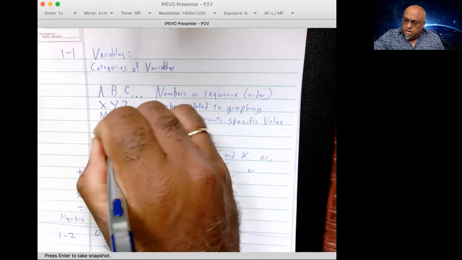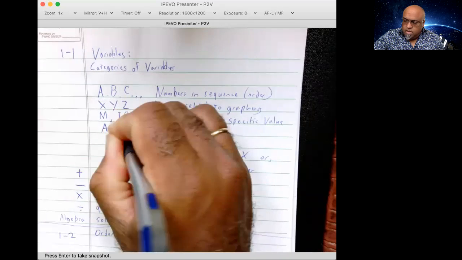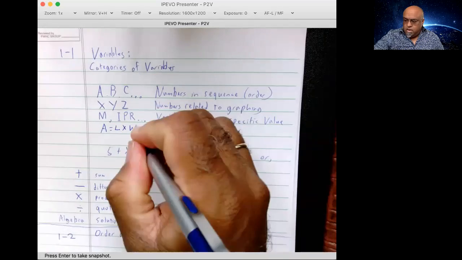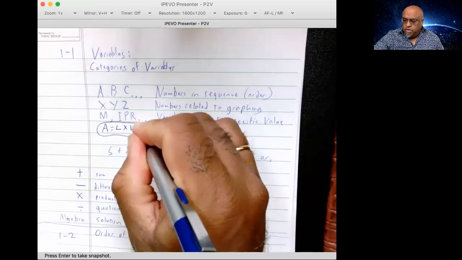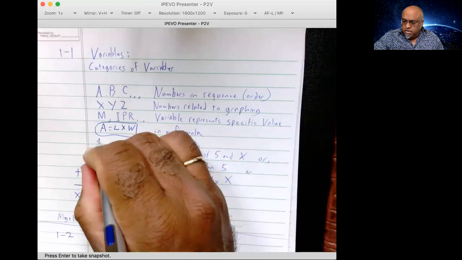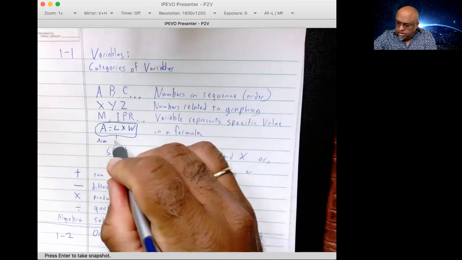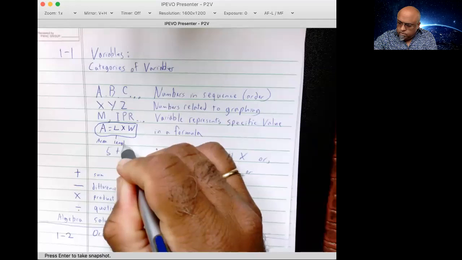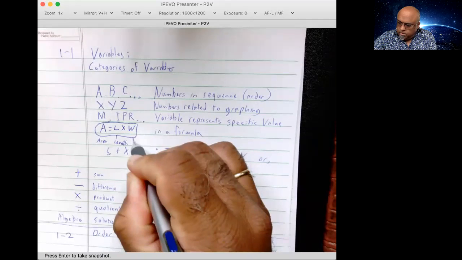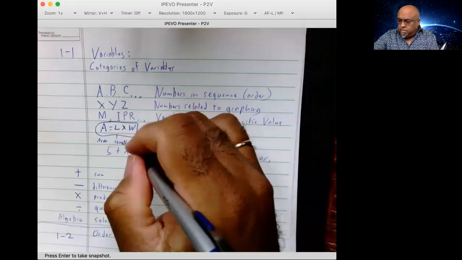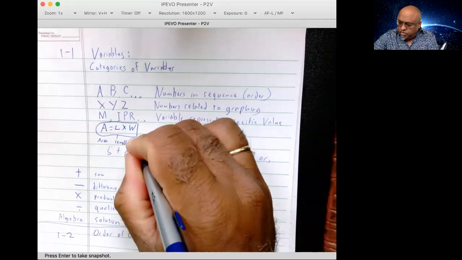A equals L times W. A equals L times W. A stands for area, L stands for length, and W stands for width, or wide. I should probably write the correct word.